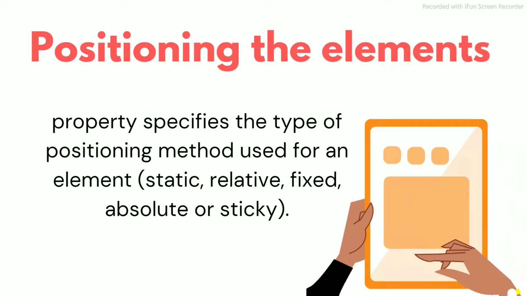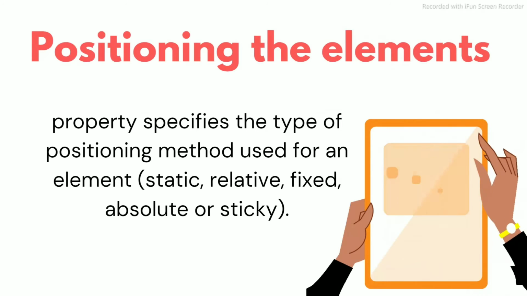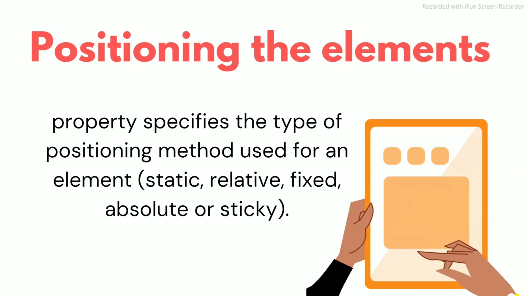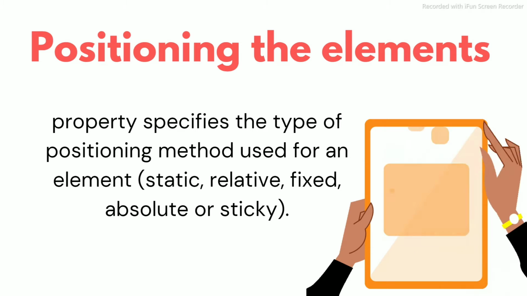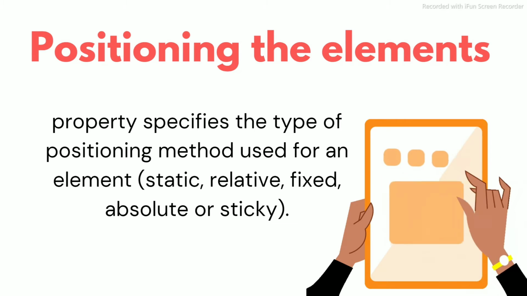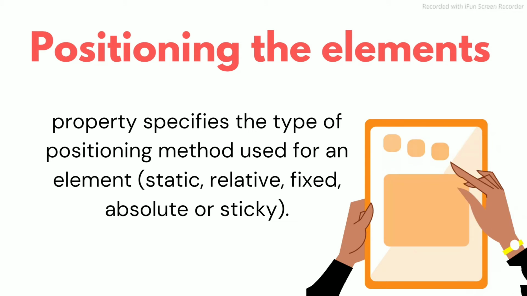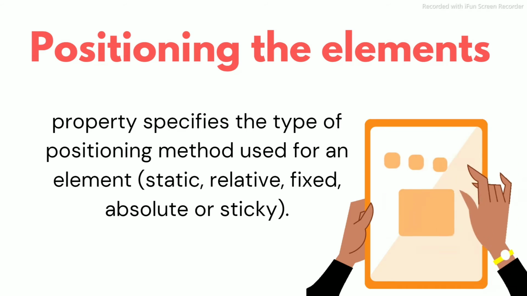Now we will go with positioning the element. Positioning elements include absolute, relative, static and many more. This property is used to make an element fixed, or to make an element that does not disturb any other HTML elements.